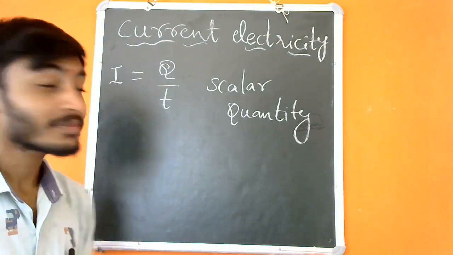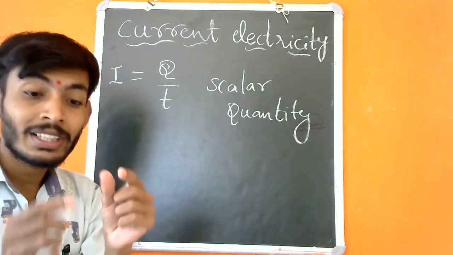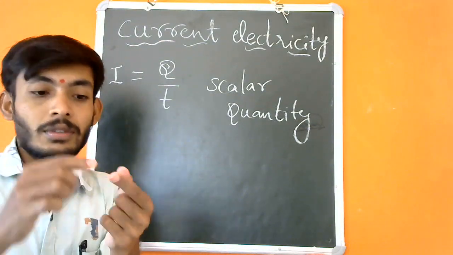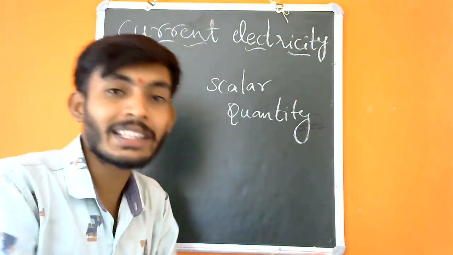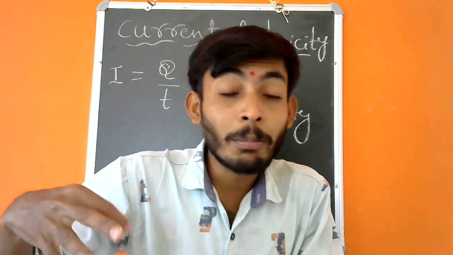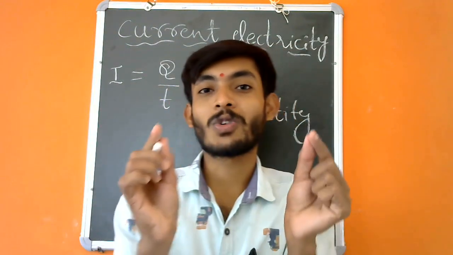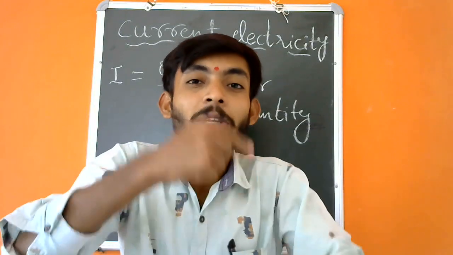So that's why current is a scalar quantity. Keep in mind. Next, we know that if electrons flow in metals or conductors, due to the movement of those electrons, current will be constituted.